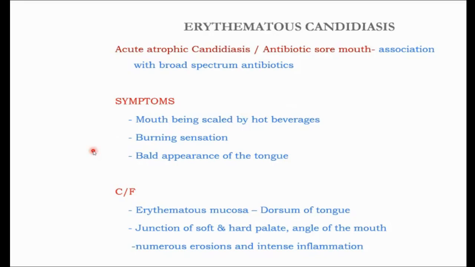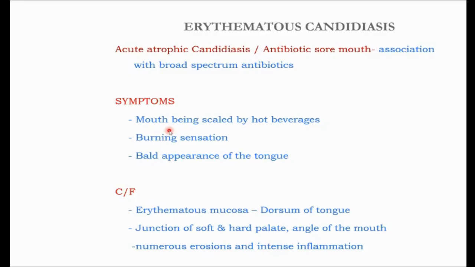So the symptoms, again, are similar. In the mouth, you will have a burning sensation whenever you're drinking something hot. It's as though, when you drink something very hot, your mouth gets scalded, meaning you get that feeling when you drink maybe a hot cup of coffee or something, especially liquid. So that's the feeling which is constantly there.